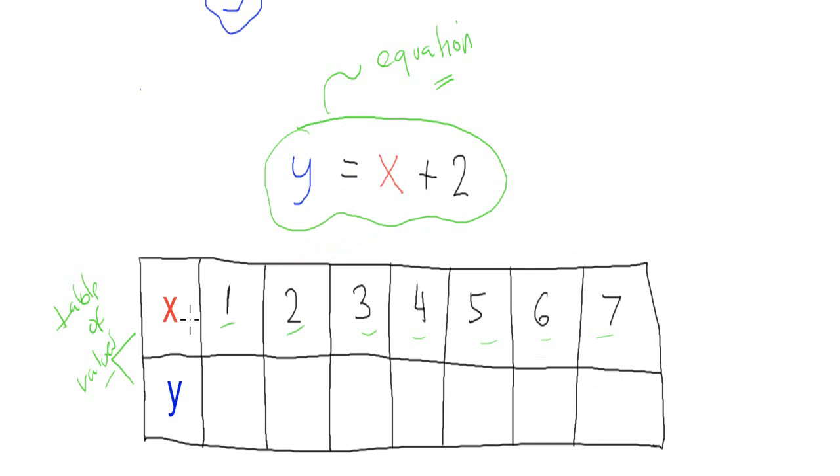For example, if x equals 1, instead of x here we would just put in 1. So y equals 1 plus 2, and we would find that y equals 3. What happens if x equals 2? Same idea. Instead of x, we would write in 2, and then 2 plus 2 equals y.